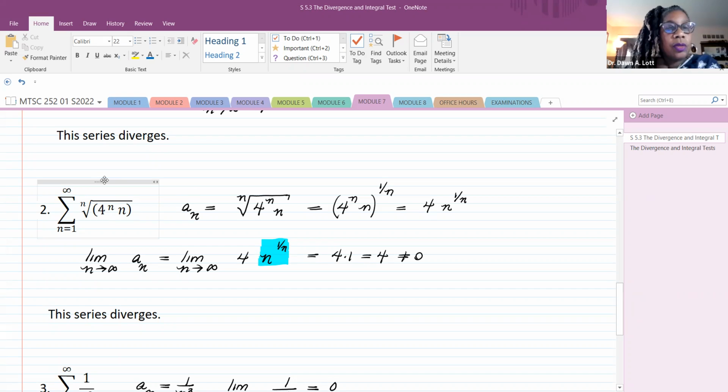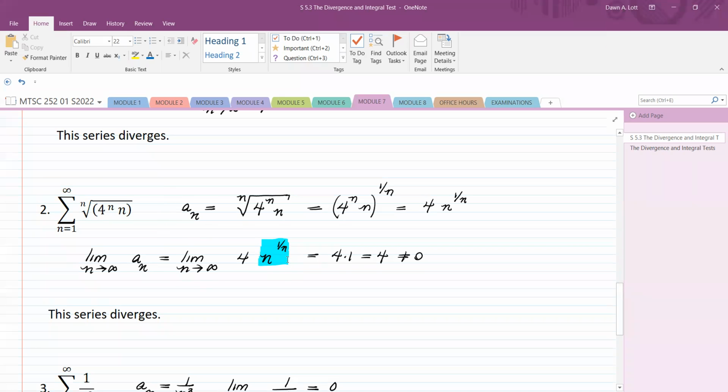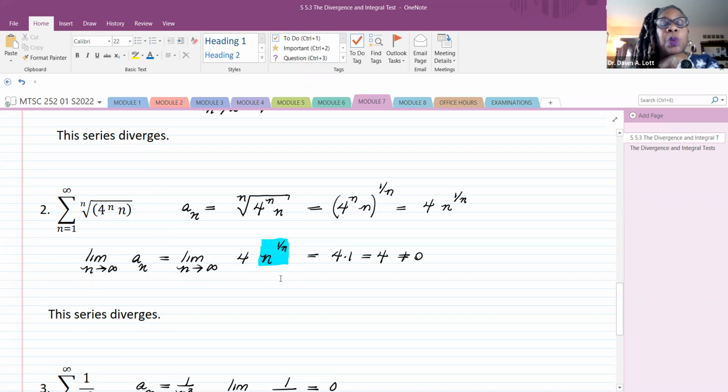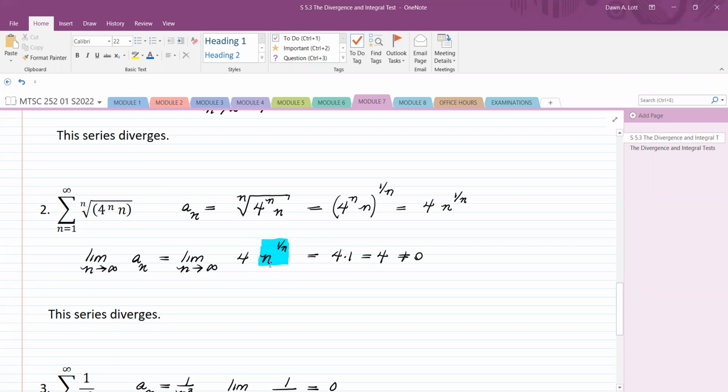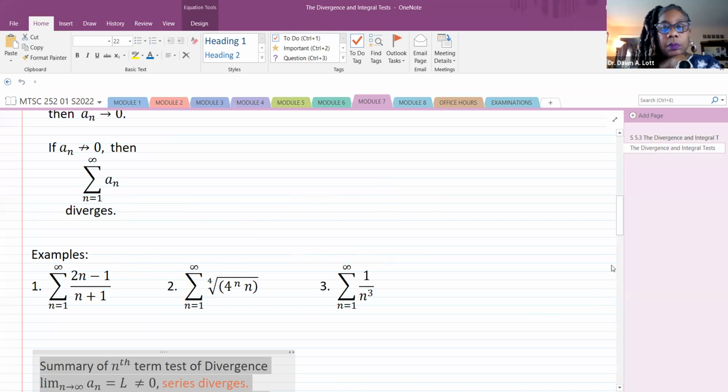Are you talking about here in number 2, the limit value? Yeah. Okay, so this limit as n goes to infinity of n to the 1 over n was one of our special limits that I gave the other day when we were talking about sequences. So this limit is 1. Okay, thank you. You're welcome.